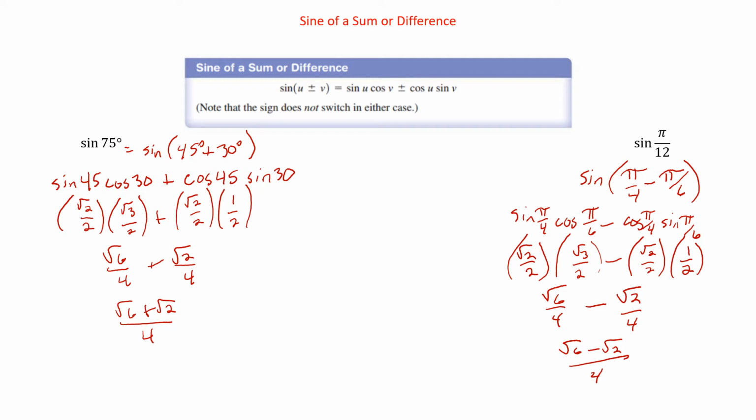So these sum and difference formulas are really just plug it into the formula and then take it to the unit circle and crunch, just do the little bit of multiplication. You're always going to end up with the same numbers, just might be plus, might be minus, and the root 2 and the root 6 might switch places. And that's when you're finding the exact values.